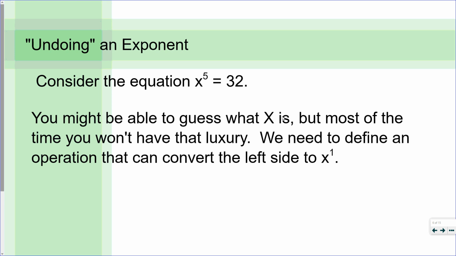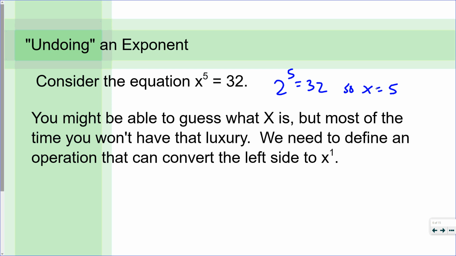So let's start with the case where x is in the base. x to the fifth equals 32. Now, you might be able to guess what x is. Just in case you were counting, 2 to the fifth is equal to 32. So x equals 2. But how could we work that out, right?